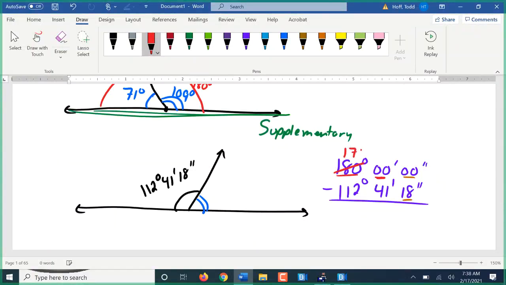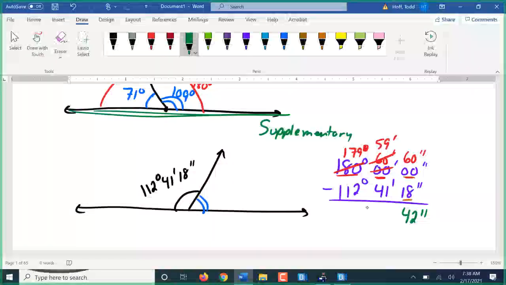That becomes 179. That 1 degree that we borrowed would make this 60 minutes. Now, of course, we need to get it down here, so we're going to borrow from that and make it 59 minutes. Now we can subtract. 60 minus 18. 59 minus 41.